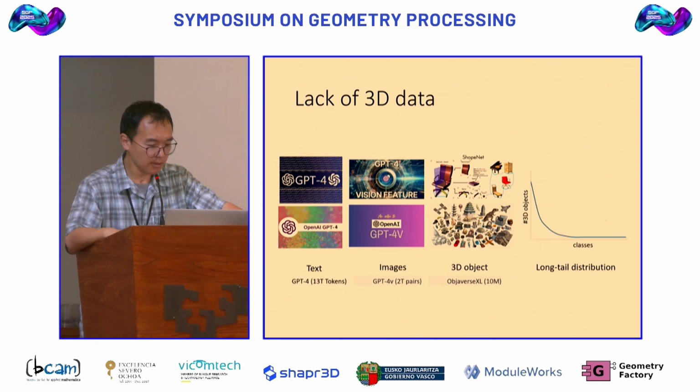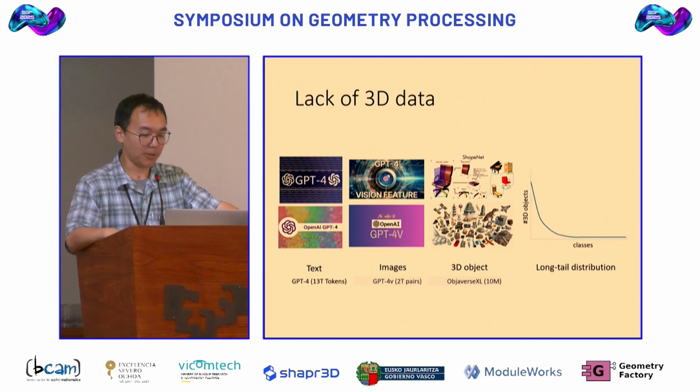If we don't have sufficient data, we won't be able to train foundation models. And if we don't have foundation models, we will not have many scalable applications. ChatGPT and those large language models are widely deployed in industry now. So how do we address the data issue?